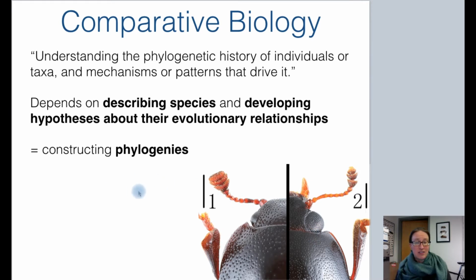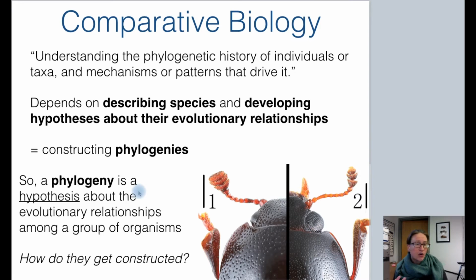So that would be, for example, describing these two different beetle species and trying to figure out how these beetle species are related to each other over evolutionary time. And so this whole process basically is the process of constructing a phylogeny. So a phylogeny is essentially a hypothesis, a well-supported hypothesis about the evolutionary relationships among a group of organisms.